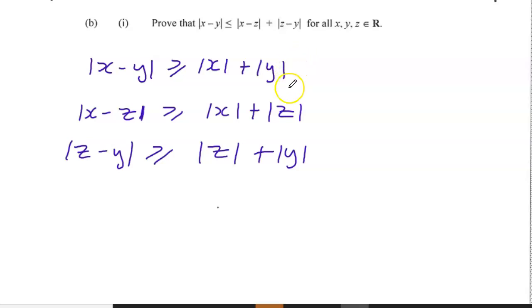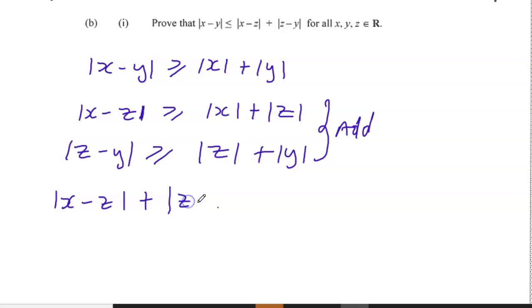Now I'm going to add the last two. What I'll end up with is what we have on the right hand side of the proof, which is the modulus of x minus z plus the modulus of z minus y.